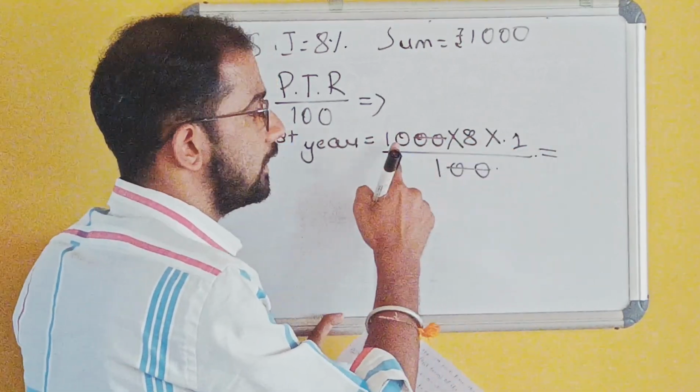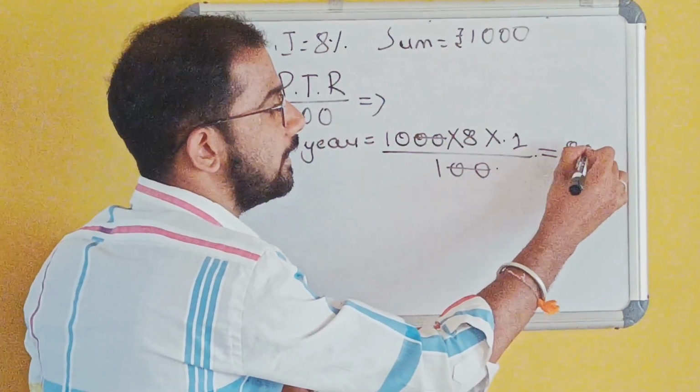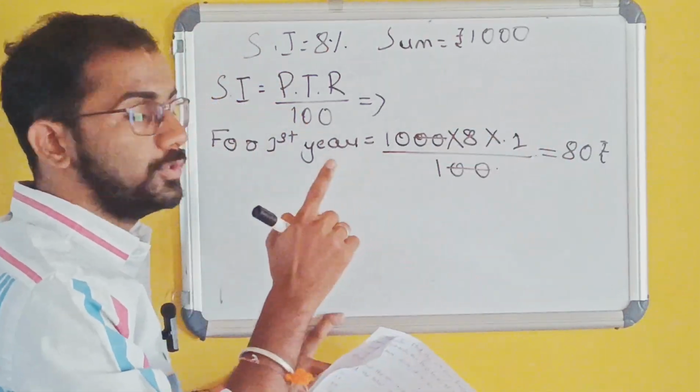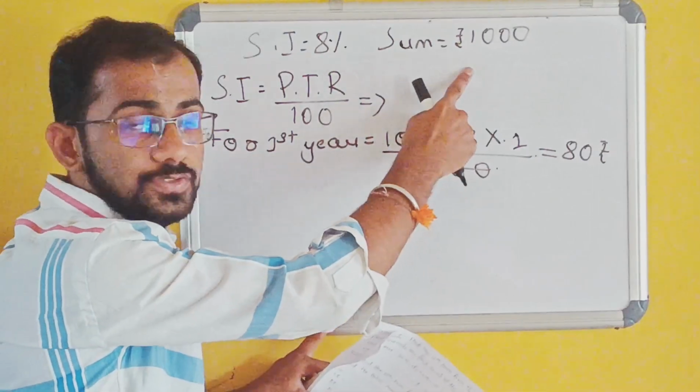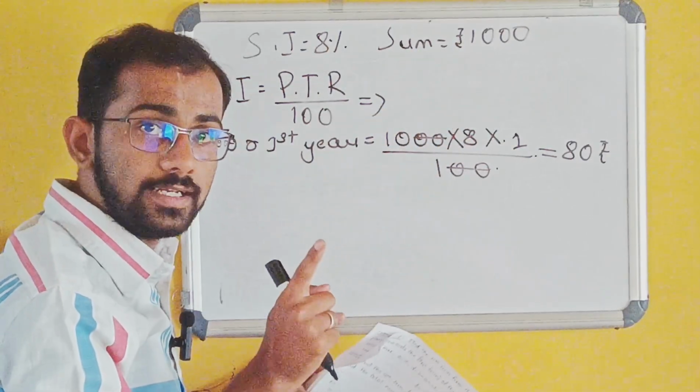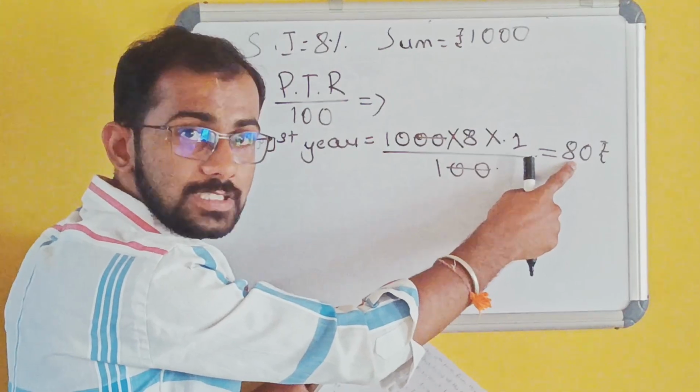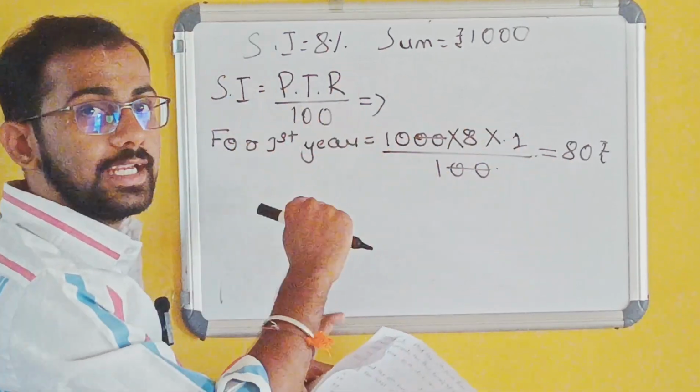These two zeros will cancel over here. 10 into 8 is 80 rupees. So if he invests an amount of 1000 for 1 year, then he will get 80 rupees of simple interest. Then for the second year, how much?